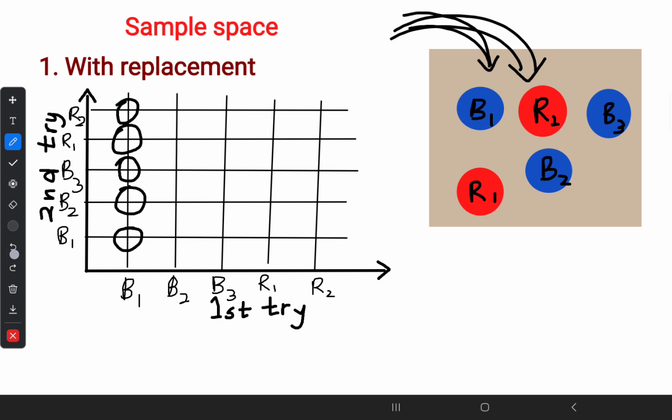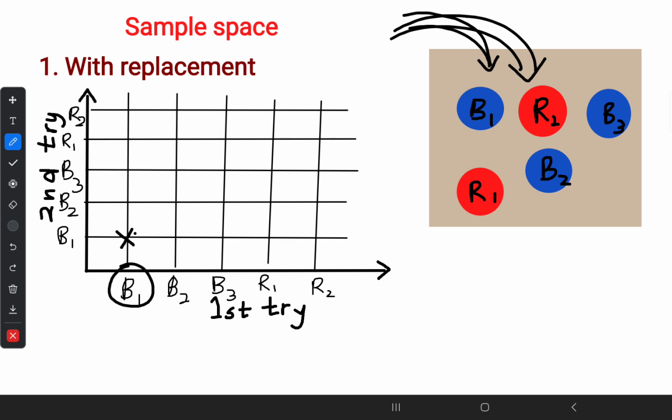All these are called events. There is a possibility to obtain an event like this. That means you might select B1 as your first choice, and in the second one also, you might get B1.